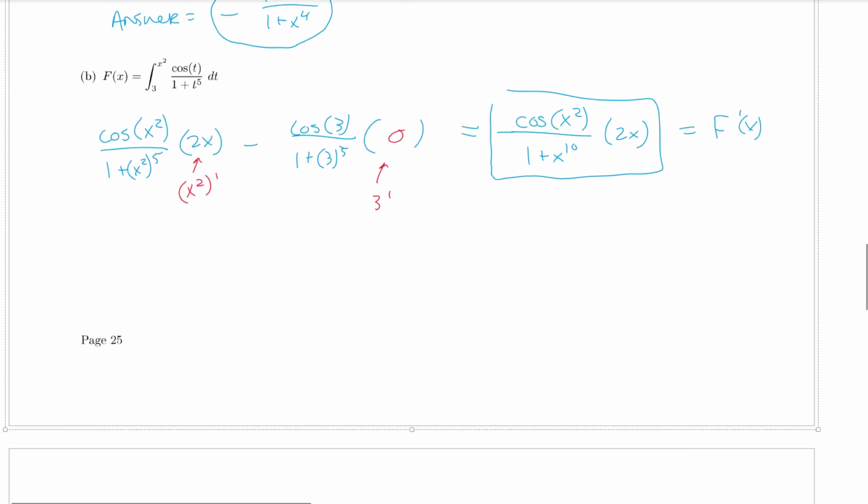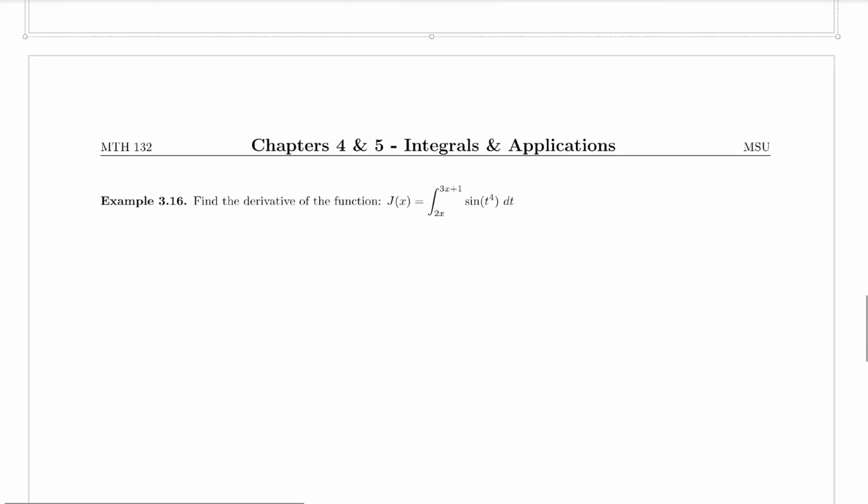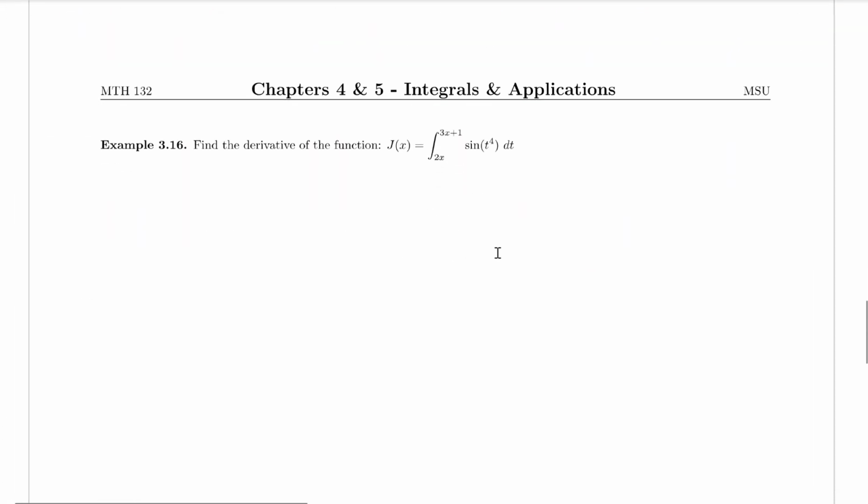All right, let's move on to the next examples here. So example 16, we're doing the exact same thing we did in the last two examples, but now we have a variable in both the upper and the lower bounds.